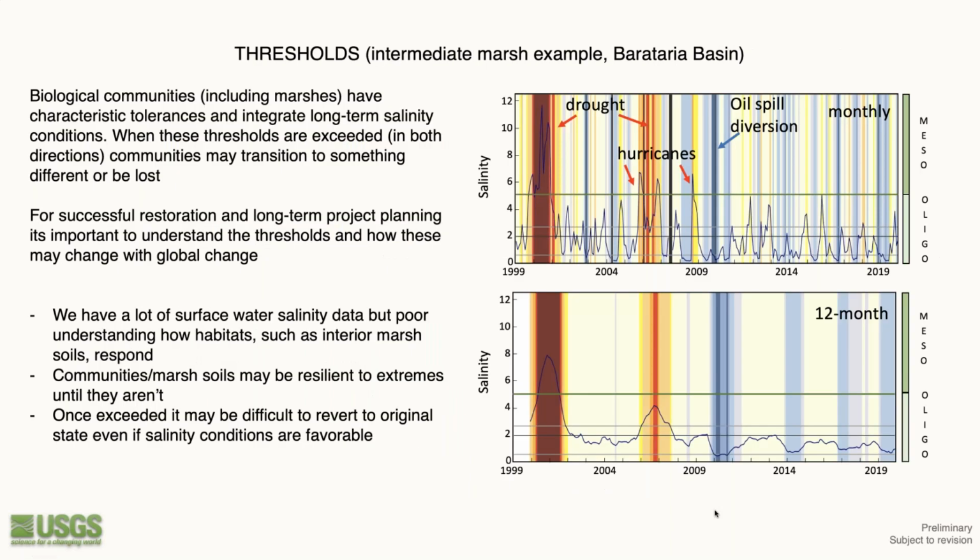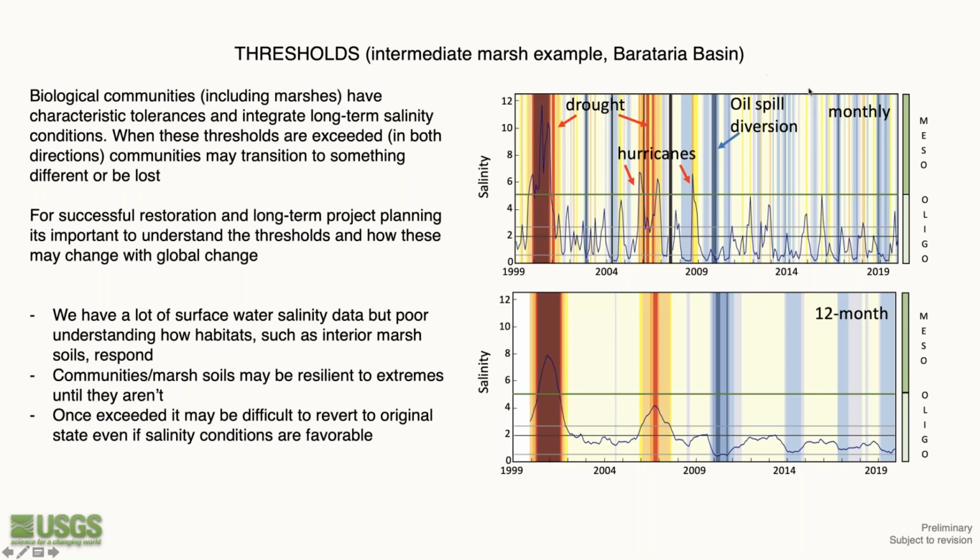So what we want to do with this CRIMS data set is look for thresholds, and we have the monthly and the 12-month CSI, and they differ a little bit, but the 1 month picks up droughts really well. It picks up hurricanes. It picks up in 2010 we had a big oil spill, and they opened up freshwater diversions in the hope of keeping the oil from entering the estuaries, and so that shows up as a dark blue, very, very fresh period.